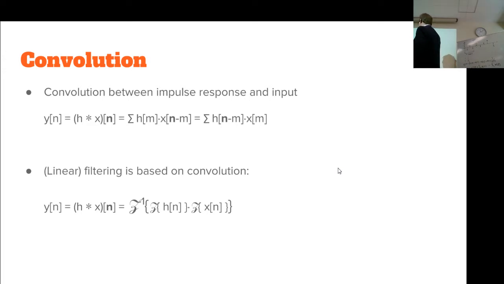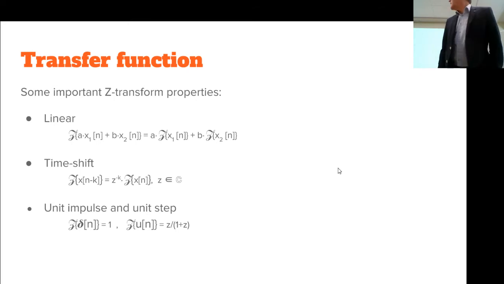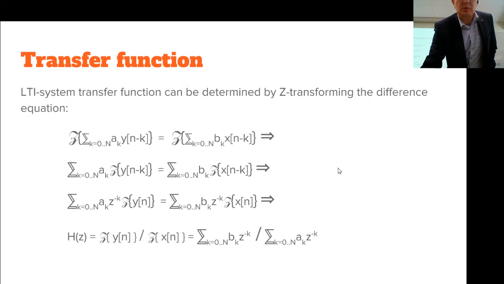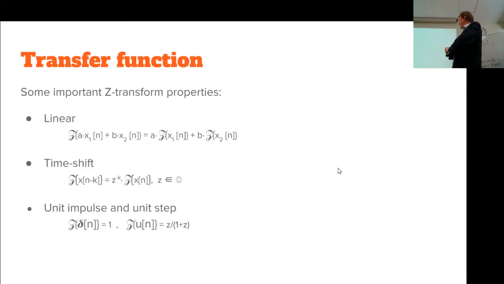And that actually means the Z transform of the output is the Z transform of the input multiplied by the Z transform of the impulse response, which is the transfer function. Then you invert the Z transform and you get the output. But let's see, more math stuff.